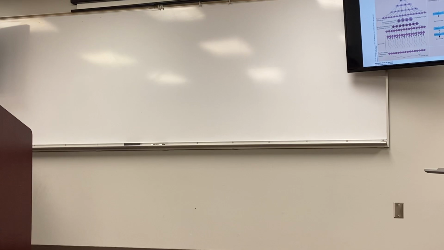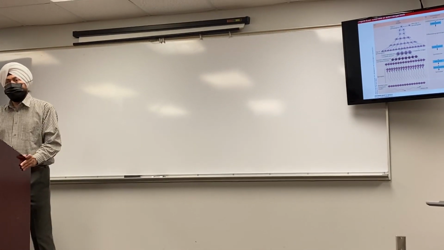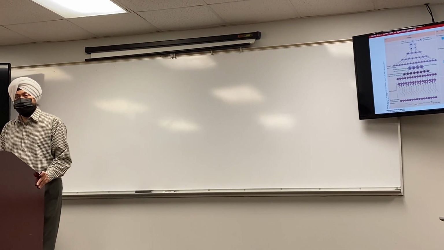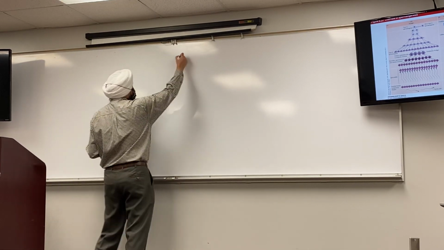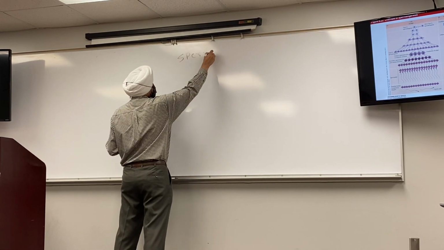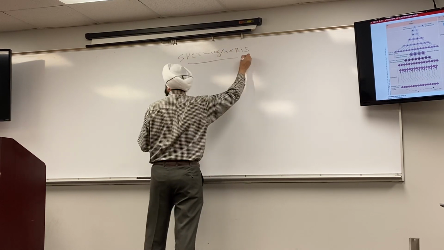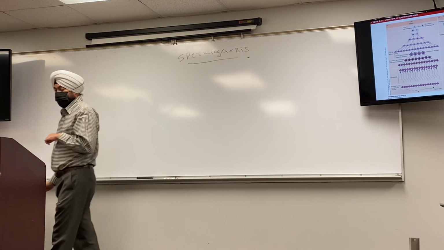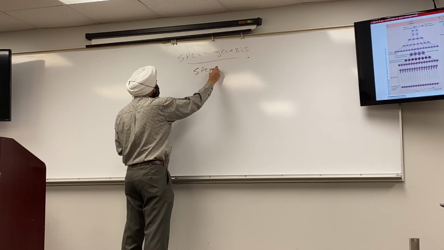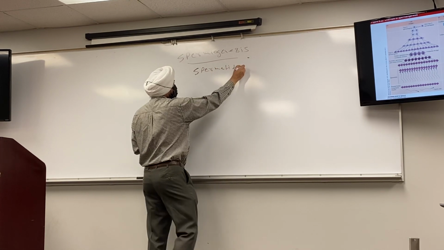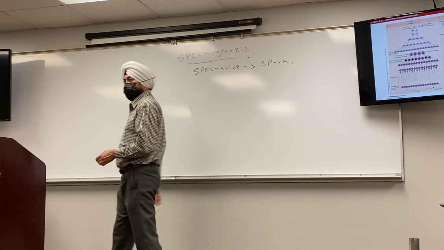Okay, then we were on the last part. We said there was a proliferative phase, a meiotic phase, and then the last part is spermiogenesis. Spermiogenesis is essentially spermatids to sperm.